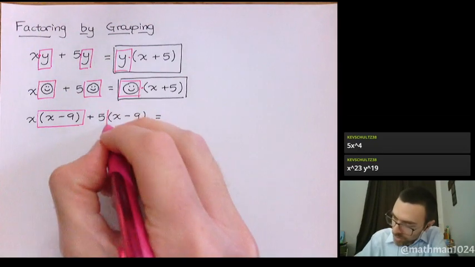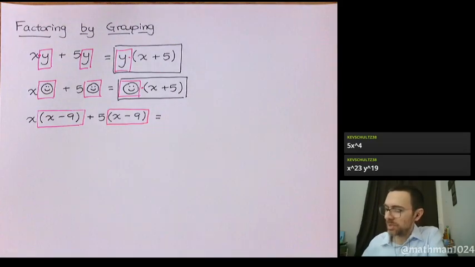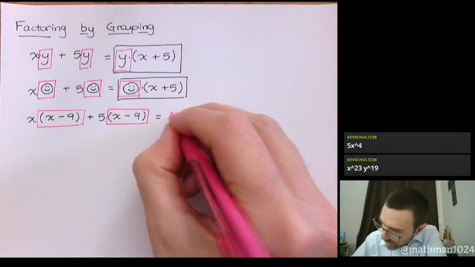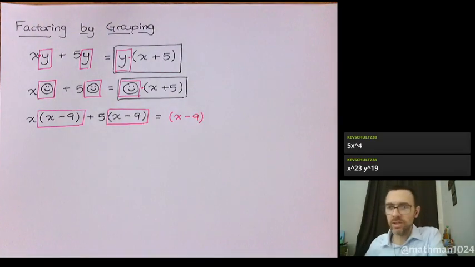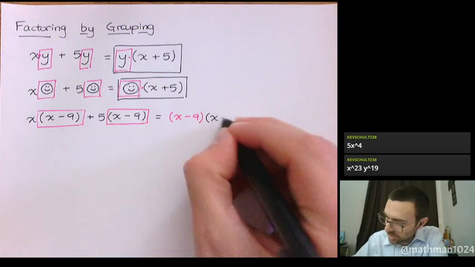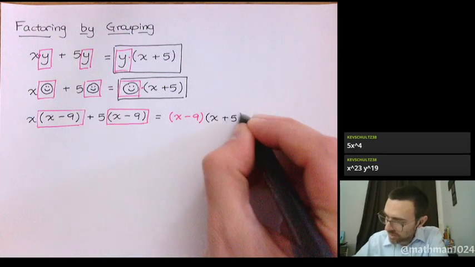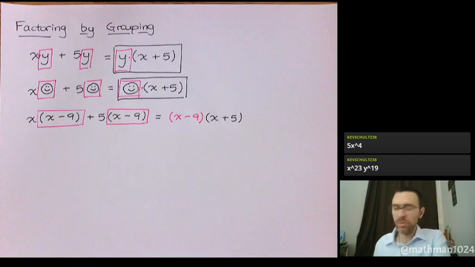They can be groups like this. x plus 9 is common from both of these. So it's that x plus 9 that gets factored out in front, and it is connected to both x and 5. So we go x plus 5 like that. That's all there is. I'm serious. That's all we have to do.